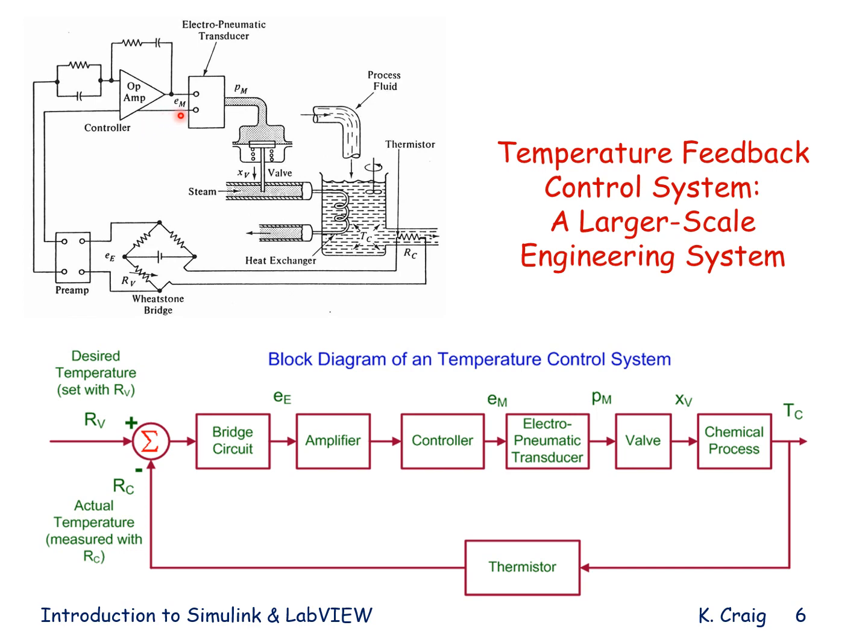That control voltage, E sub m, is sent to our electropneumatic transducer, which in this larger scale engineering system can be represented by a first order electrical dynamic system, and will not have all of the details that we saw on the previous slide describing this system.